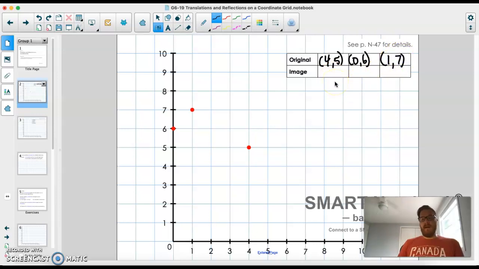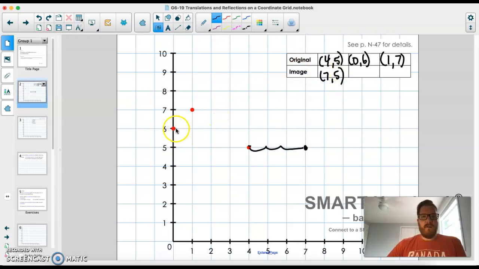Okay, because the first number, like I said yesterday, tells how far along the horizontal line it is. The second number tells you how far up along the vertical line or the y-axis. And so what we're going to get a chance to do is translate these images 3 units to the right. Okay, so let's take this one and we go 1, 2, 3. And so this is our new point, and we're now at 7.5.